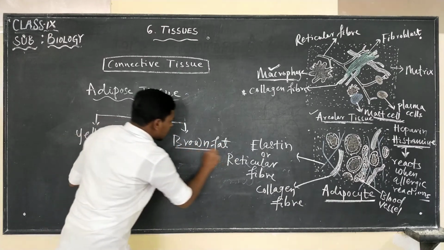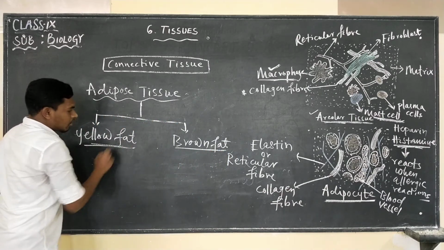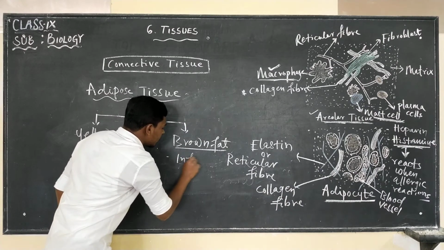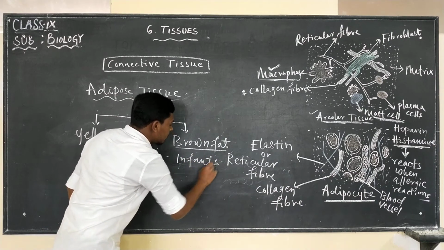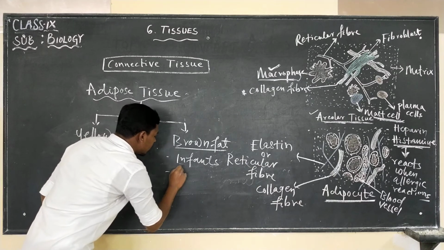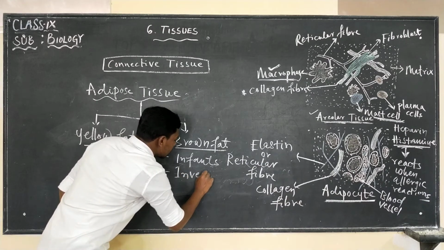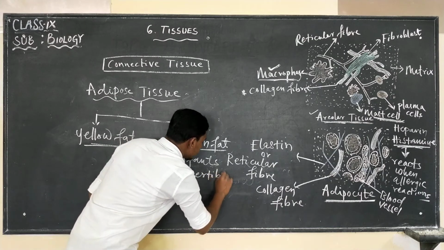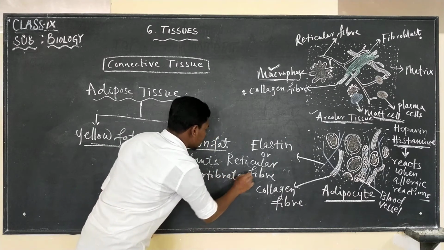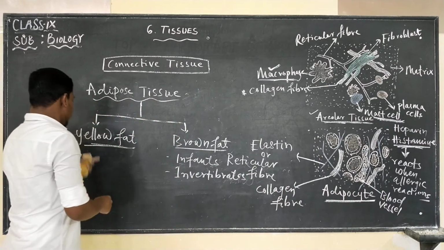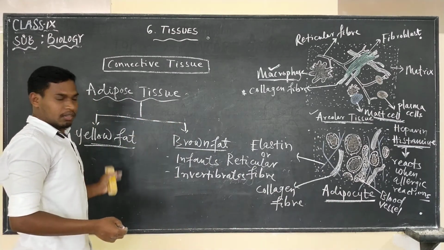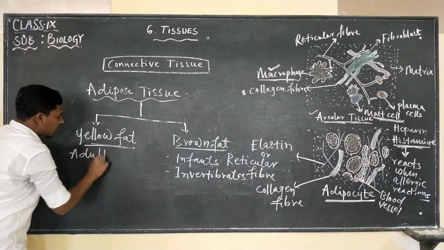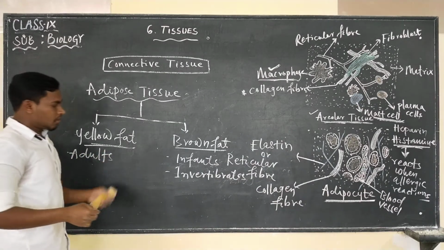Brown fat is found mostly in infants and in invertebrate animals, and yellow fat is found in adults.